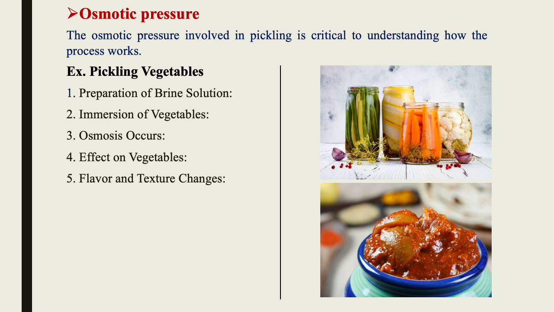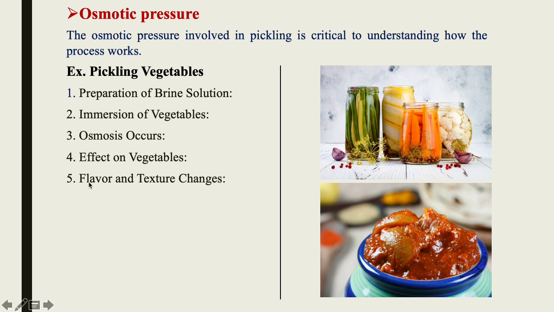There will not be any growth of microorganisms. The salt and vinegar also contribute to preservation by creating an environment that is hostile to bacteria. So inside there will be no bacteria and no spoilage of vegetables. That's why pickle has more shelf life compared to normal vegetables.